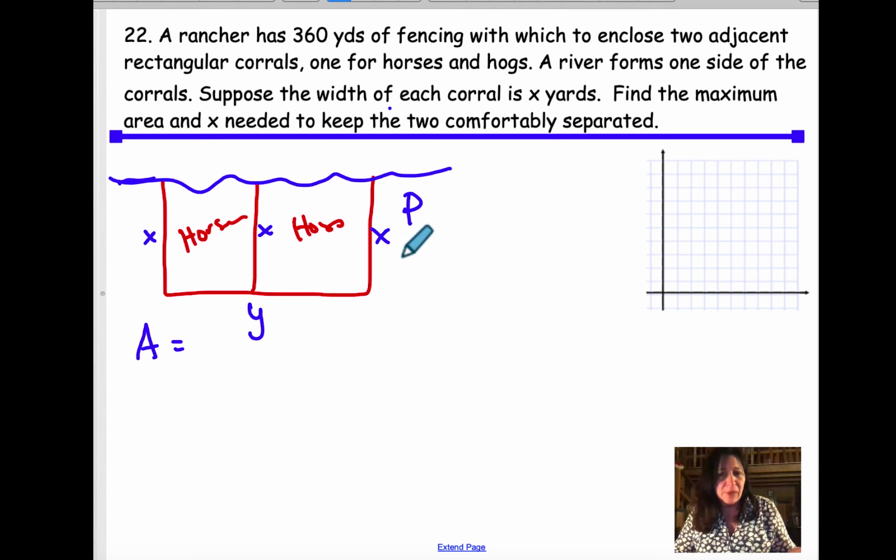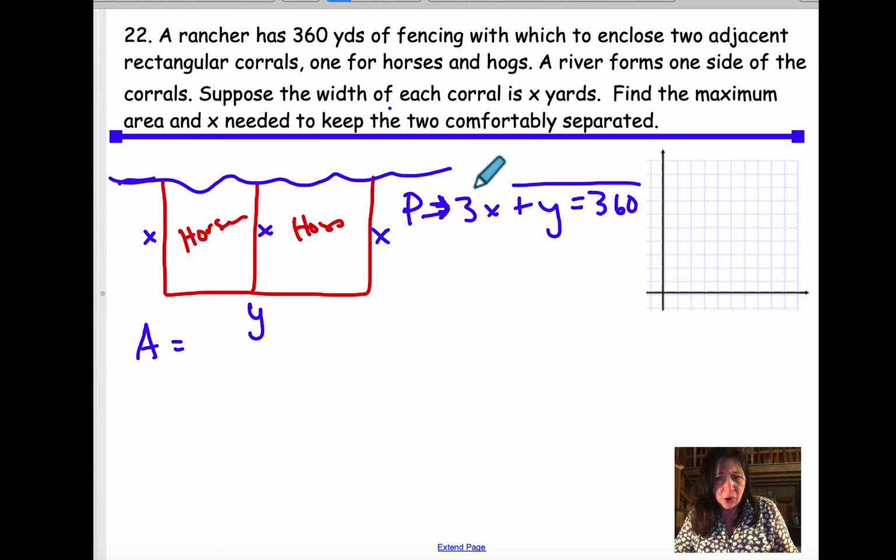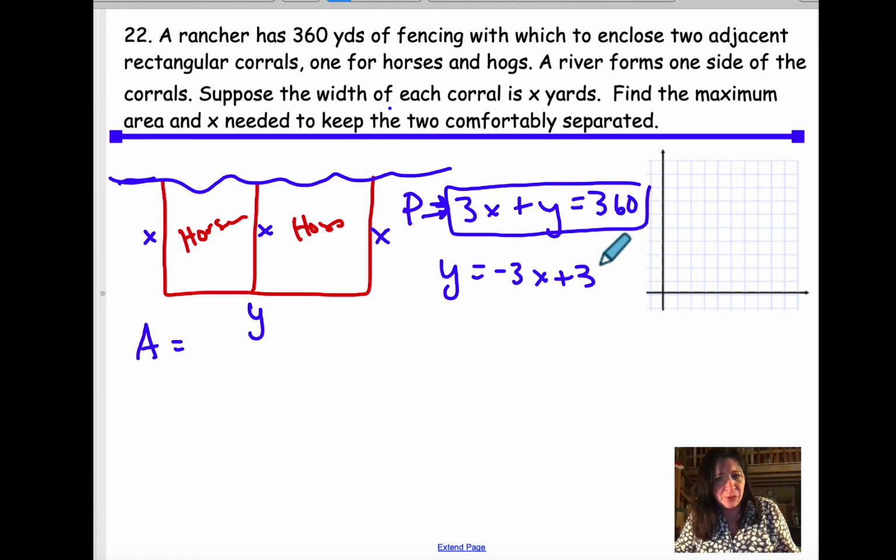Okay, so here we go. Perimeter is going to be 3 x's plus 1 y. This is the perimeter equation: 3x plus y is equal to 360 yards. Solve that for y. y is equal to negative 3x plus 360.